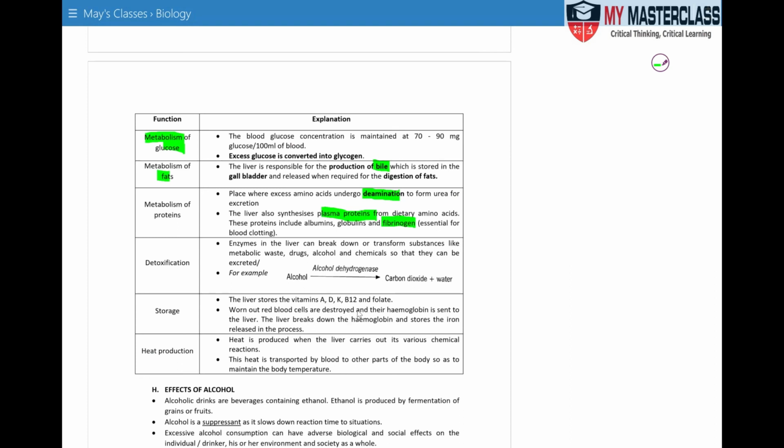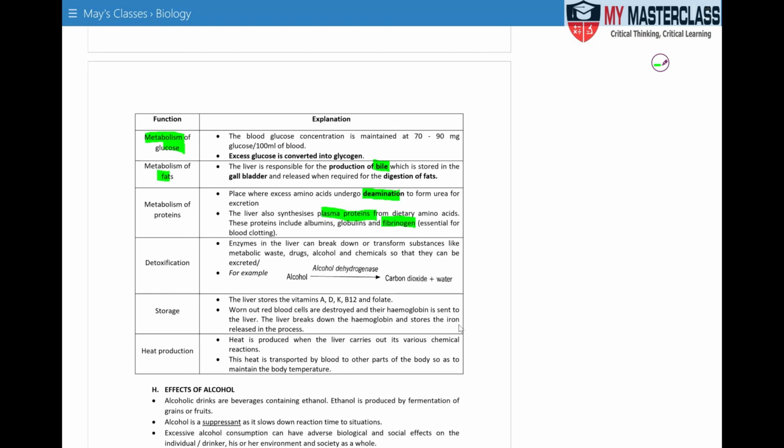Recall that red blood cells have only about 120 days to live, due to the lack of a nucleus. When they are broken down in the spleen, the hemoglobin component is sent to the liver, and the liver will then store the iron. This is why in some cultures, people are recommended to eat liver to increase the amount of red blood cells.